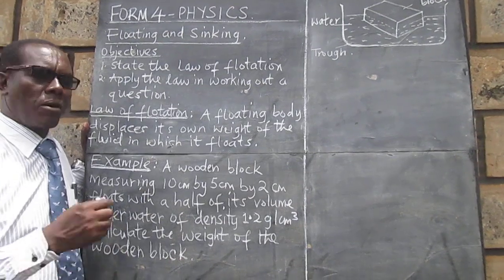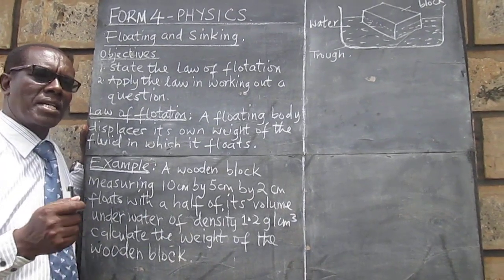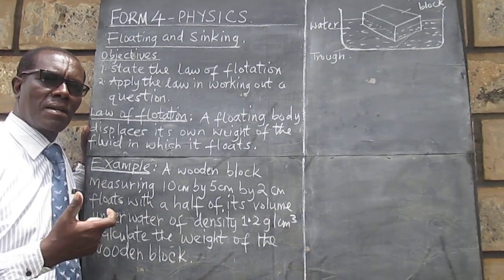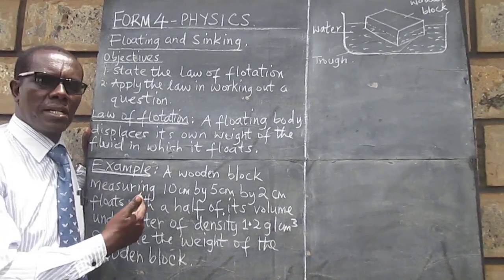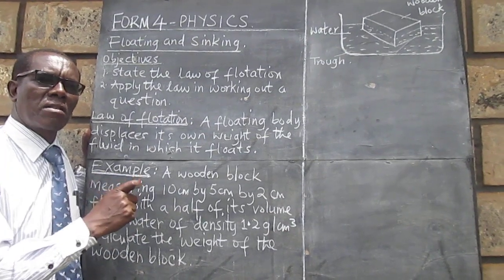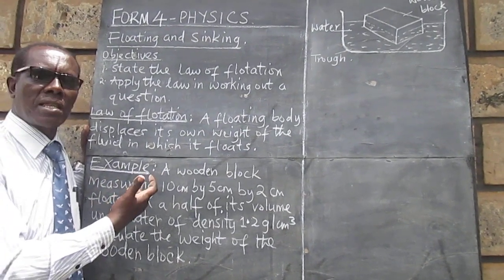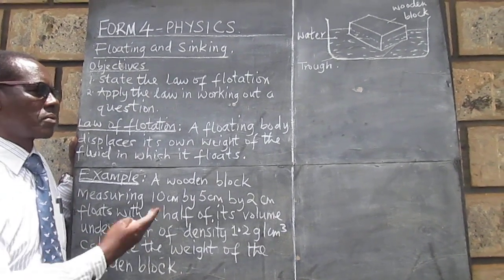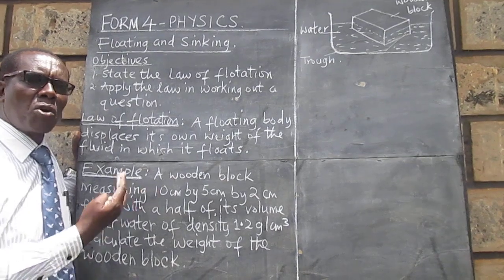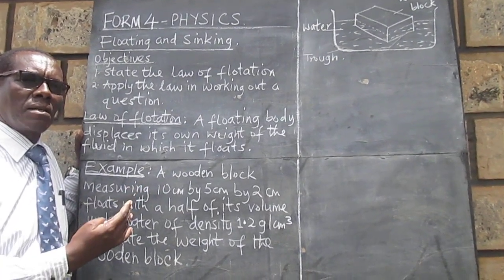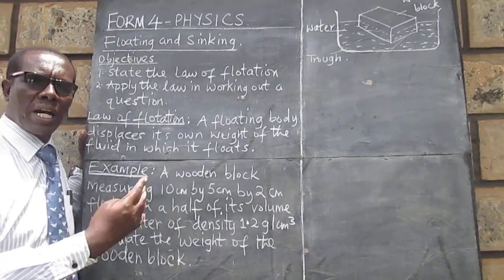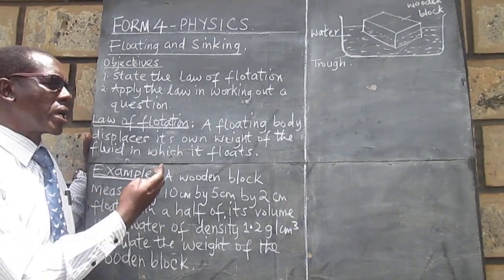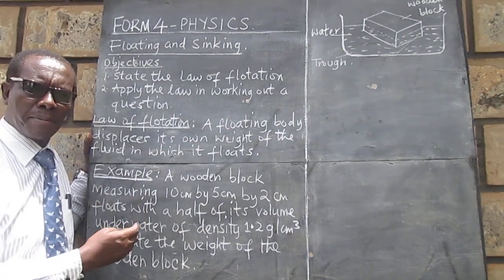We would like also to mention here that the volume of the part of this object that is in the fluid equals the volume of the liquid that is displaced. So two important things. One, a floating body will always displace an amount of fluid, whether liquid or gas, whose weight will be equal to the weight of that body.